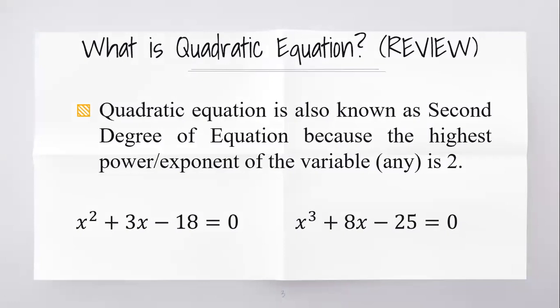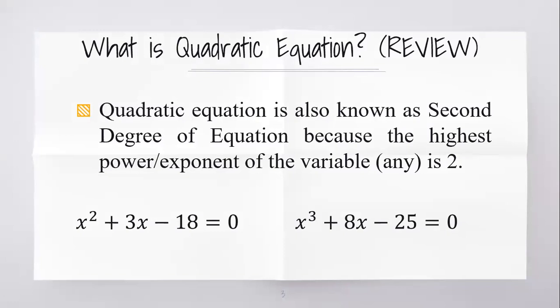So let us first define what is quadratic equation. Quadratic equation is also known as second degree equation because the highest power or exponent of the variable is 2. For example, you have here two different equations. The first equation is x squared plus 3x minus 18 is equal to 0. And the second equation is x cubed plus 8x minus 25 is equal to 0.